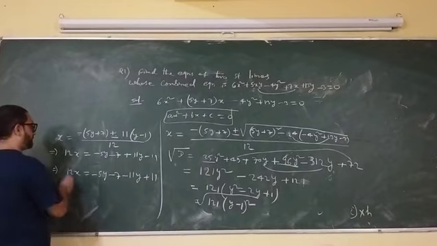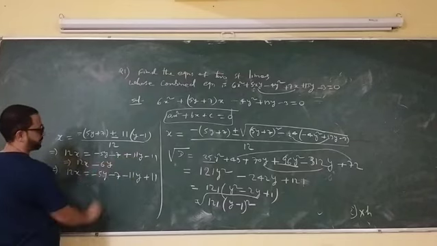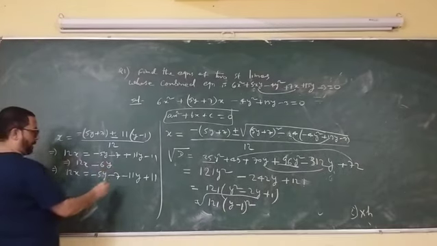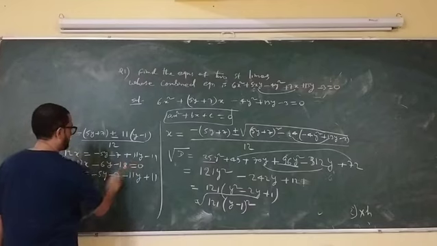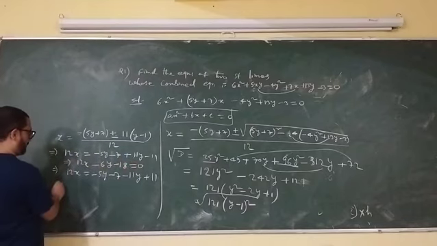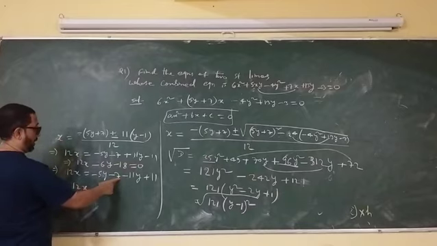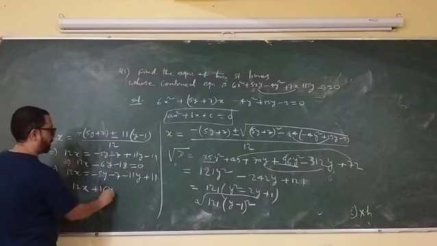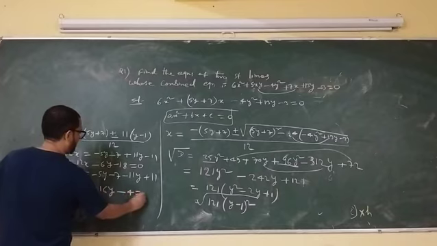If you solve it, 12x minus 6y minus 18 is equal to 0, and this will be 12x plus 16y minus 4 is equal to 0.